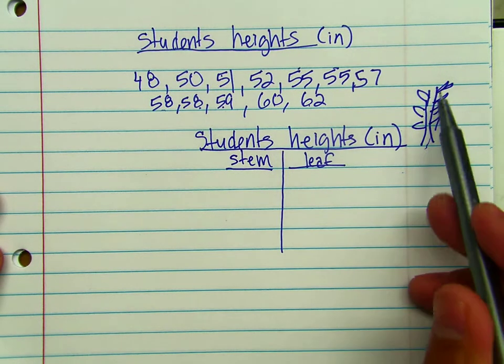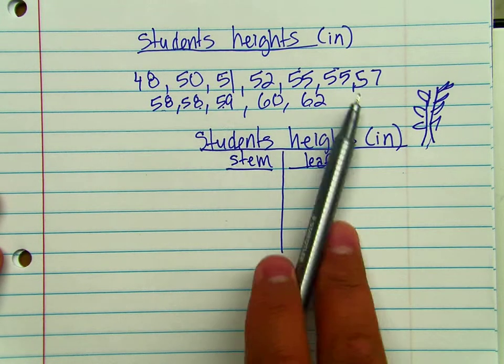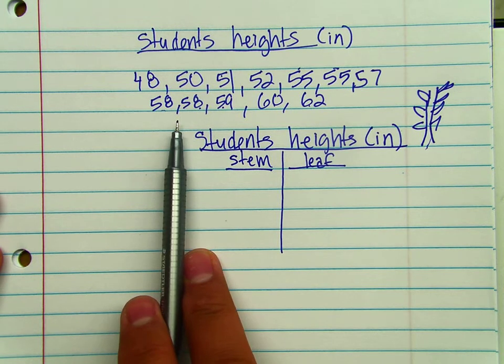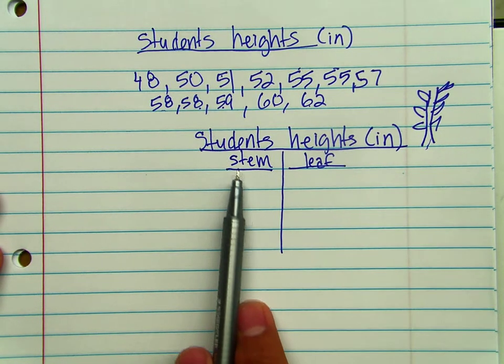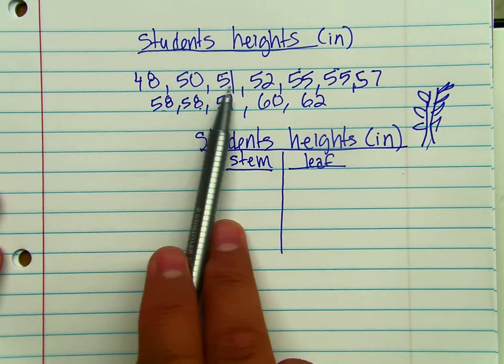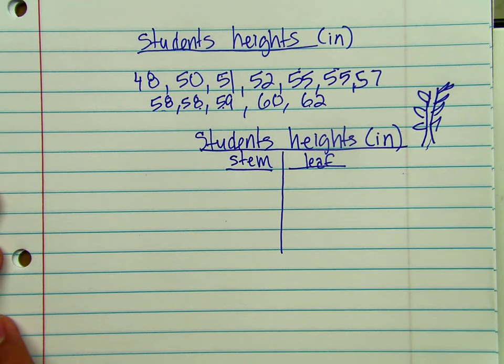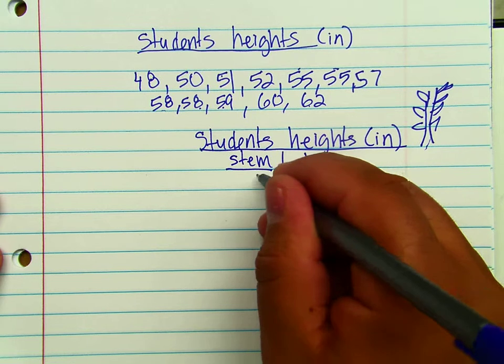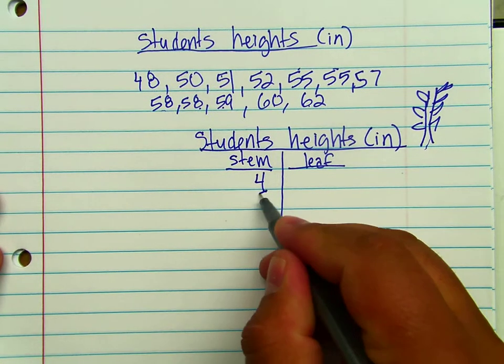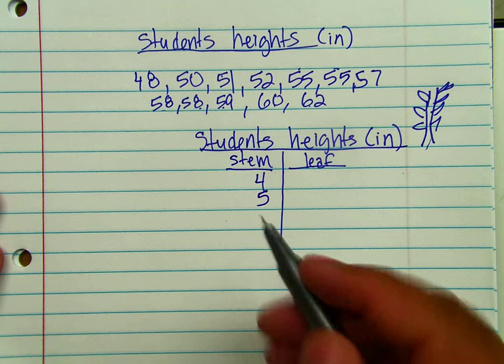The stem, in this case, since all these data values have two place values, we have a tens place and we have a ones place. So we're going to start on the left side with the stem, and all of the stems are going to be the tens place. So each tens place is going to represent a stem. We have a 4 for the 4 tens here, and we have a 5, and we have a 6.